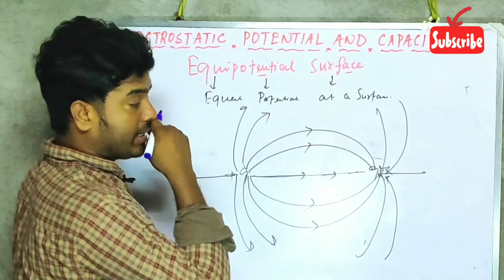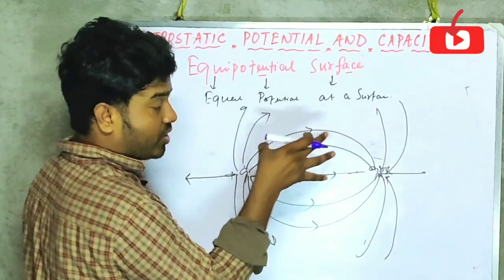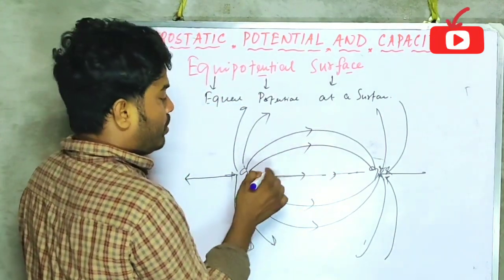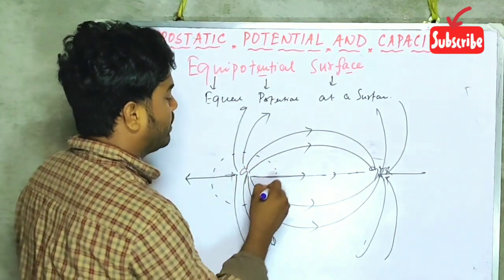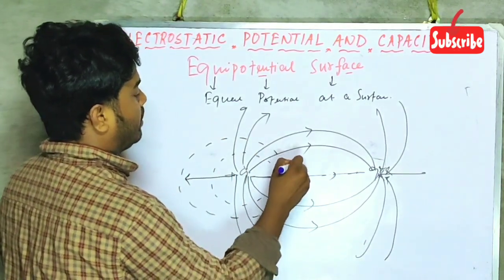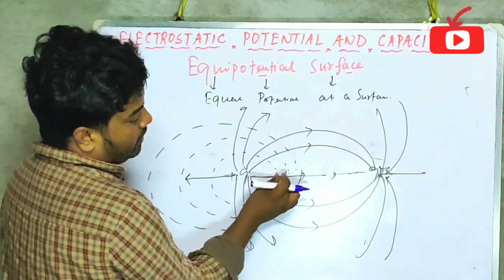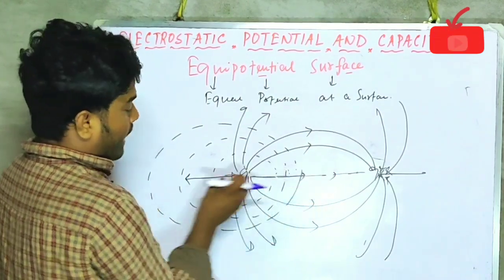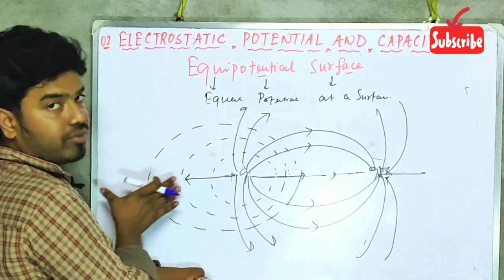Now you have to draw the equipotential surface. There is a positive charge and a negative charge, so there is an attraction, and this attraction is stronger in between them. The equipotential surface will be like this. You just see the equipotential surface separation is closer here because there is a strong field, and here there is a weak field, so the separation is far apart.